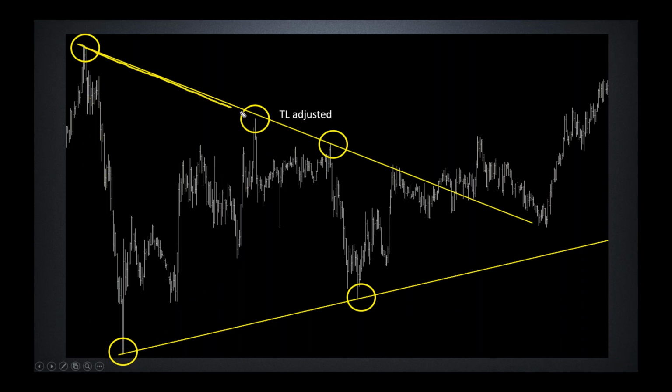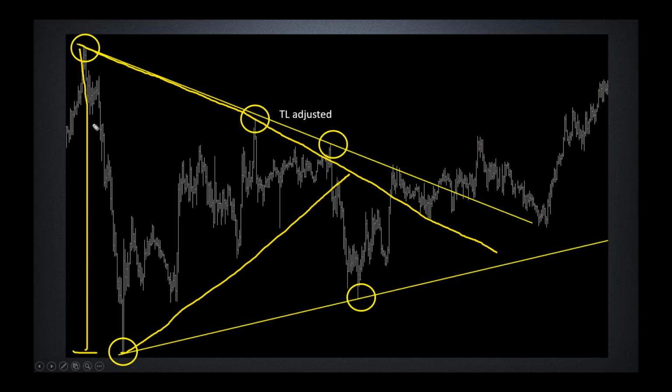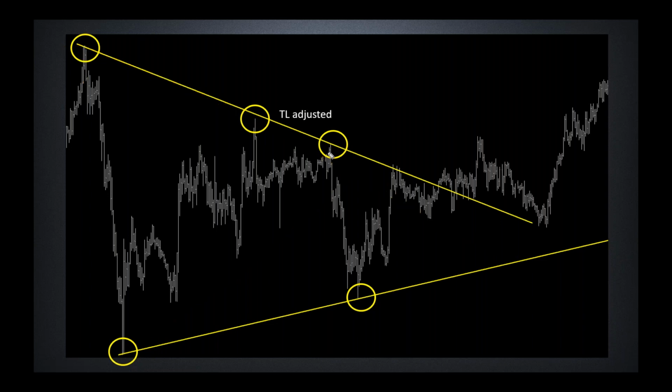Then you have this trend line, which now starts to make a bit more sense. This one was broken, and we're finally going to develop something bigger, which corresponds to the size of the first wave down. Now this starts to make more sense, and this is where you need to go ahead and adjust your trend line. So what do?